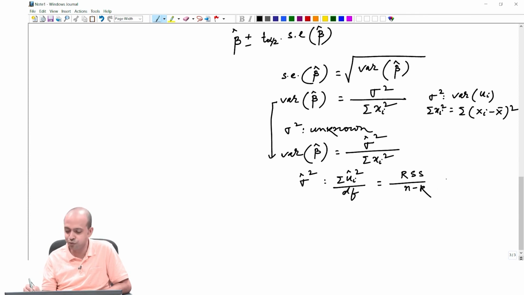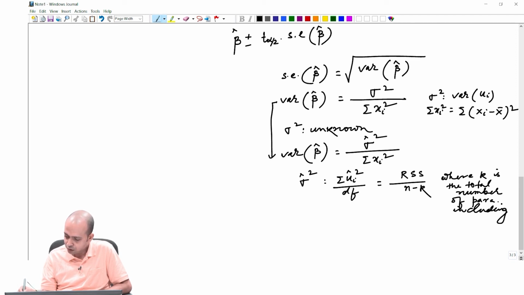where k is the total number of parameters to be estimated including the intercept. That is how you calculate your sigma hat square, and that is how you calculate your variance of beta hat. And why the degrees of freedom for RSS is n minus k, that we have discussed in our previous class when we were talking about the ANOVA table.